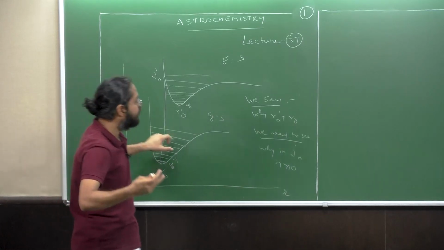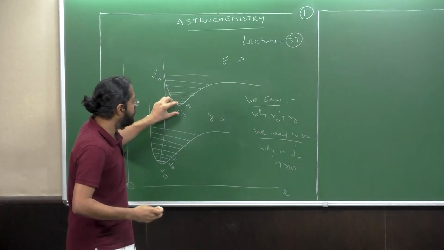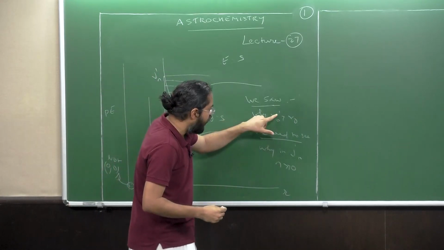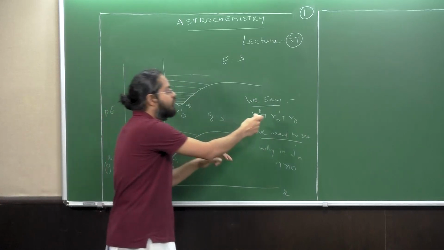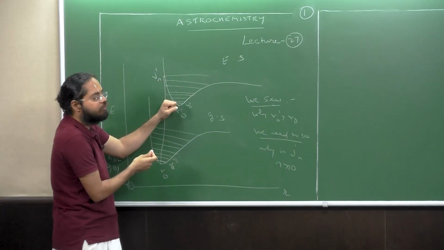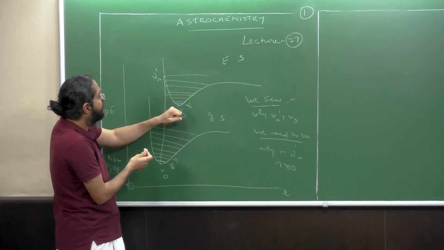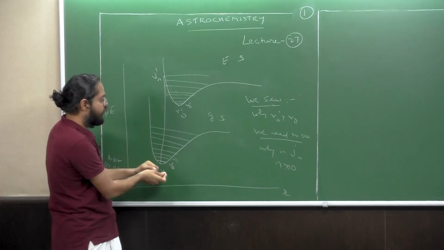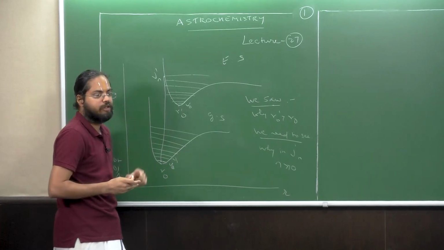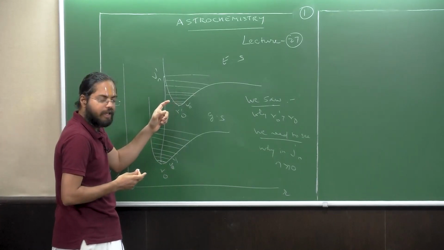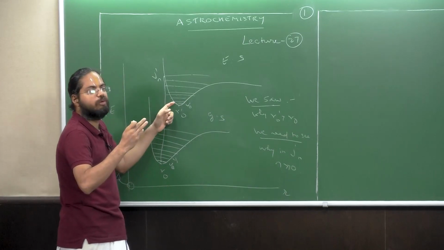Due to that, most often you will see that R dash naught, where the dash denotes the excited electronic state, is greater than R naught. That is, the equilibrium bond length is larger in the excited electronic state.